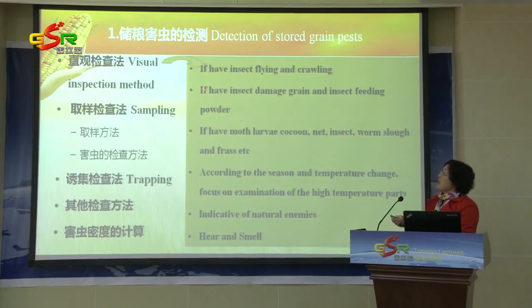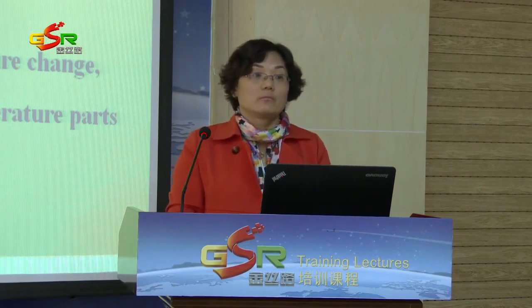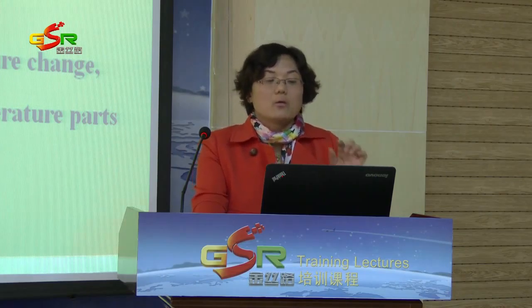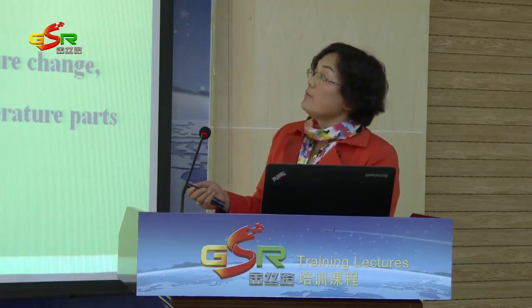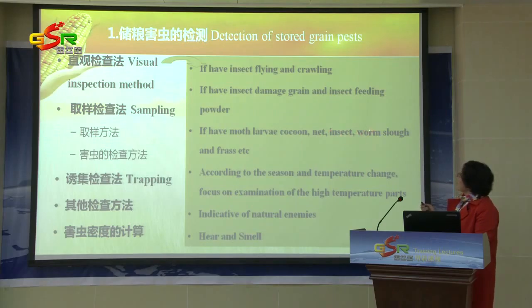The second is if you have insect-damaged greens and insect feeding powder. If you find the powder, you can judge there are insects. Another measure, if you have the most level course, net, insect, worm, swallows, and flies, and so on, you can judge there are insects.